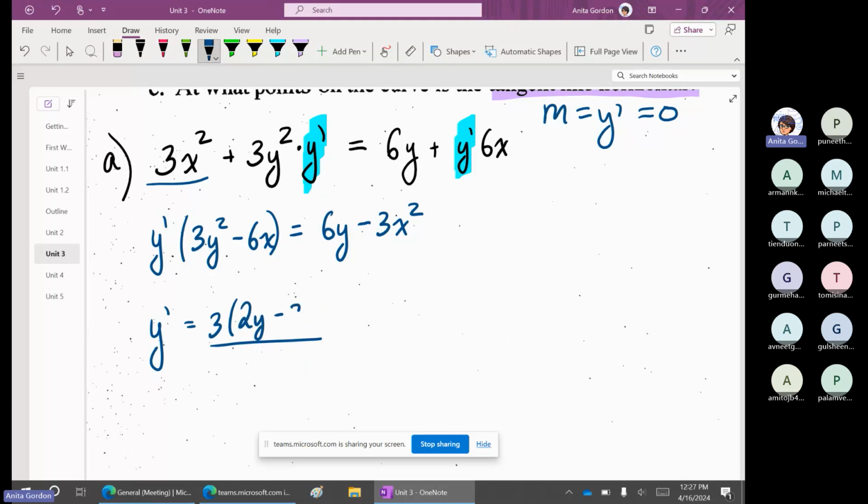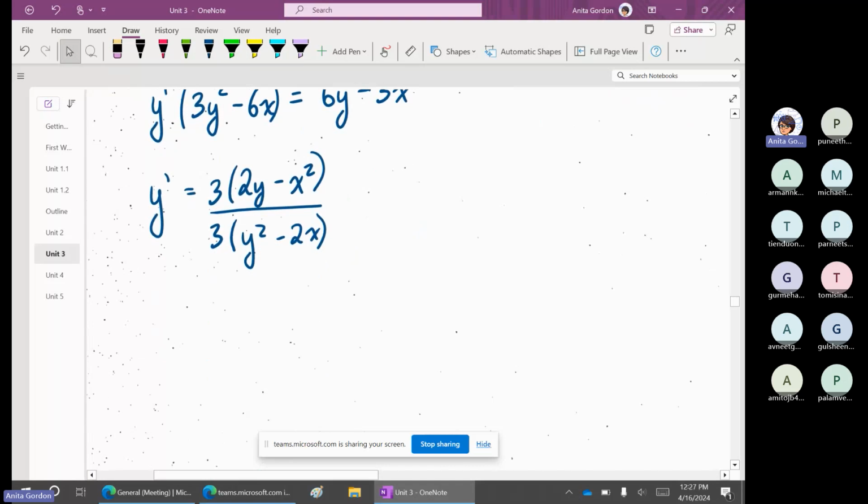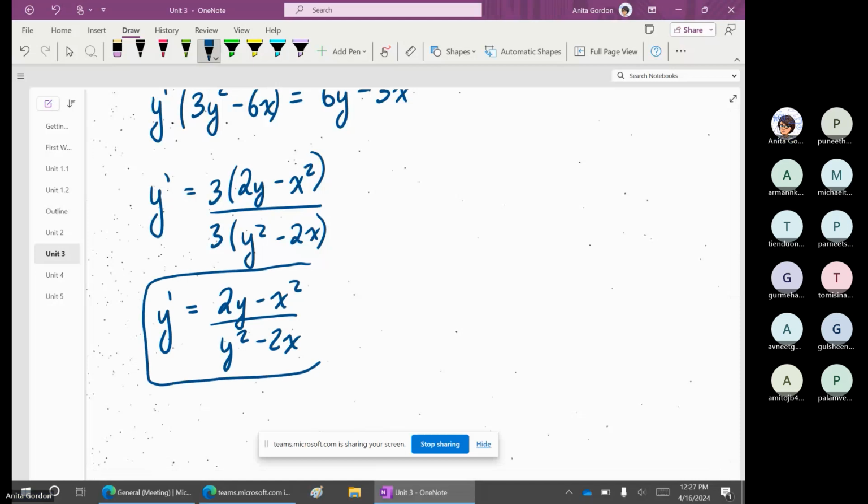Thank you. 2y minus x squared. Okay, 3 times y squared minus 2x. Okay, Ms. Gordon needs to stop doing shortcuts here. So final, I don't need the brackets really: 2y minus x squared over y squared minus 2x. There we go. So A is done. We got the derivative.